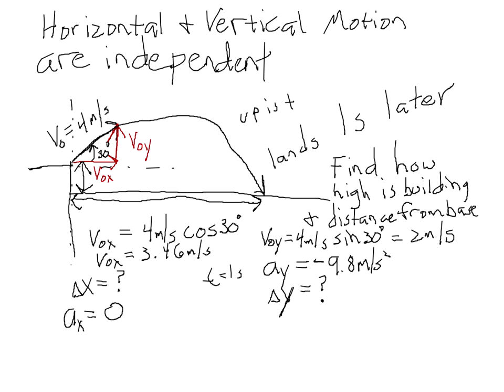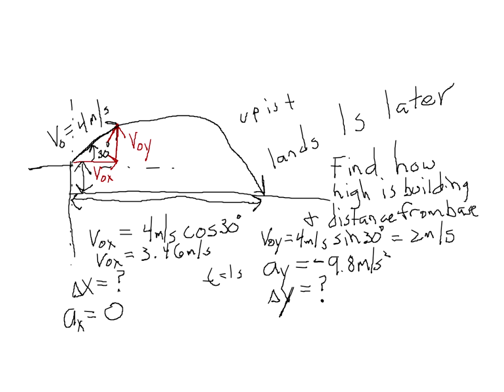All right, I'm going to erase our key point up there at the top to make room for us writing down the kinematic equations. Okay, now kinematic equations in Chapter 2 applied for both vertical and horizontal motion, but we only used them one at a time. This time we have horizontal motion and vertical motion at the same time.